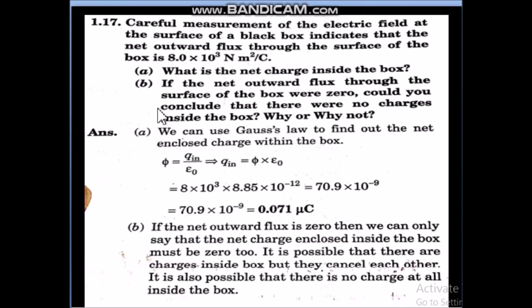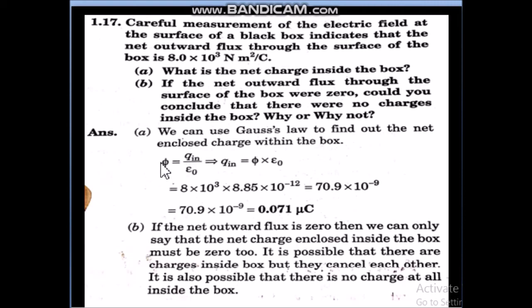Now part B of the question is, if the net outward flux through the surface of the box were 0, could you conclude that there were no charges inside the box? If we apply this formula and the flux is given as 0, can we conclude that there are no charges? Here we always write summation q.